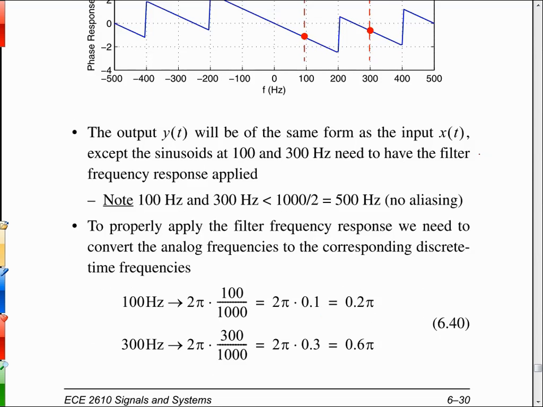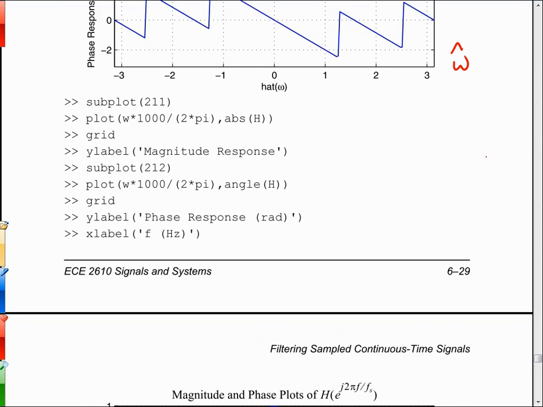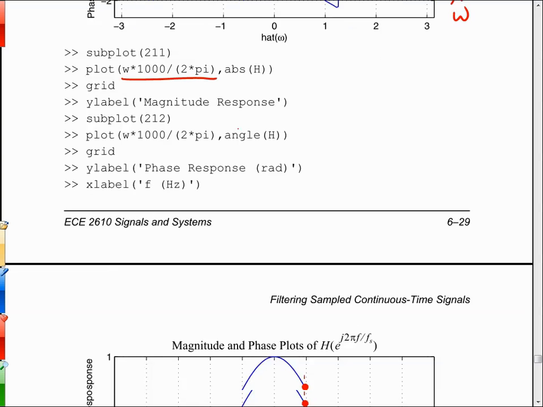So, let's see. That's what I did right here. I just simply replotted. For my frequency axis on the plot function, I replaced it with omega hat, which was W in the MATLAB notation, times 1,000 over 2 pi, for both the magnitude and phase.